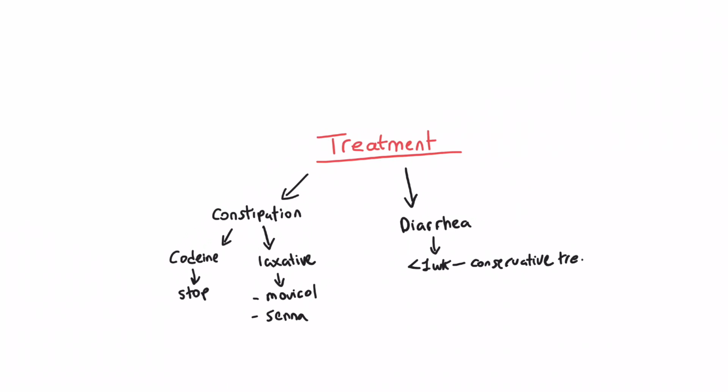So you want to tell them drink plenty of fluid, small meals, keep yourself hydrated. But you can tell the patient they can take over the counter Imodium, or the name would be, I think, loperamide. I think it's about 2 milligrams. Don't quote me on that, but it should be that.